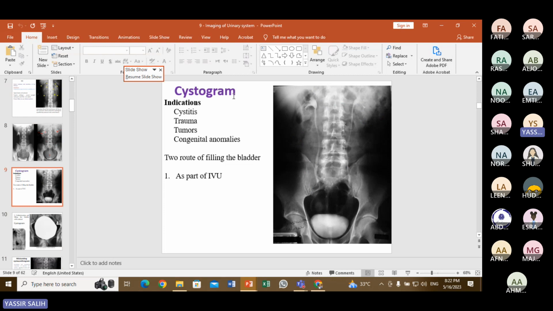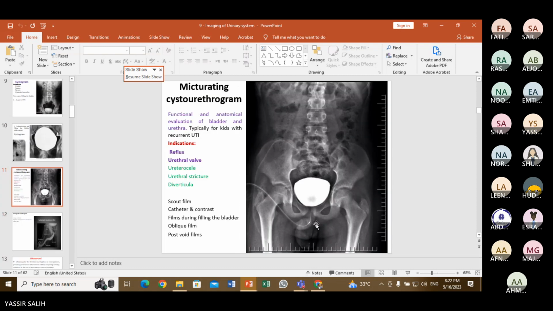What is a cystogram? Cystogram is a contrast examination of what? Of urinary bladder. إذا أعطينا البيشنت contrast in the urinary bladder فدي بيسموه cystogram. Cystogram is a contrast examination of urinary bladder. طيب the indication for our MCUG, micturating cystogram, can assess the function and anatomy of the bladder and urethra.